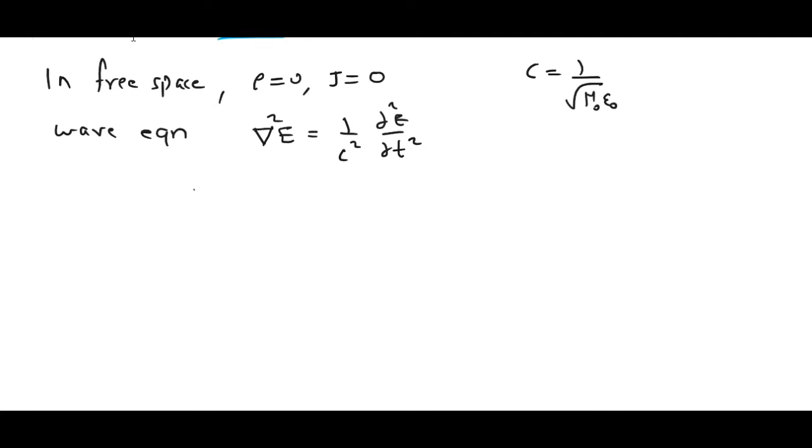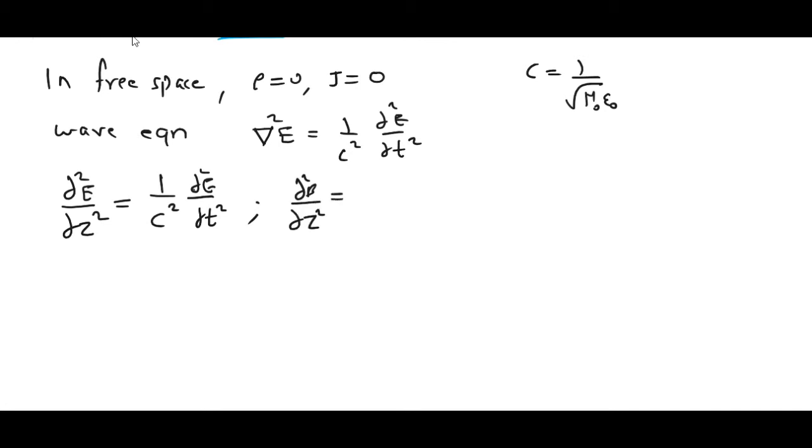Since the wave propagation is along z direction, this can be written as dou square E by dou z square is equal to 1 by c square dou square E by dou t square. Similarly, for magnetic field, dou square B by dou z square is equal to 1 by c square dou square B by dou t square.